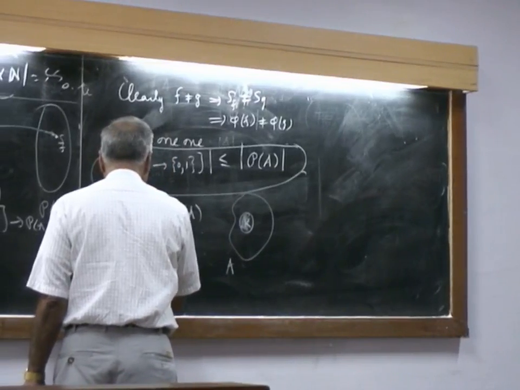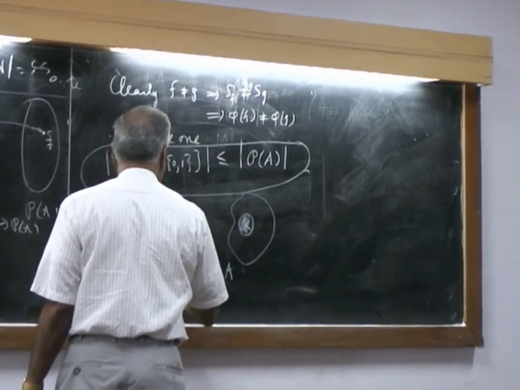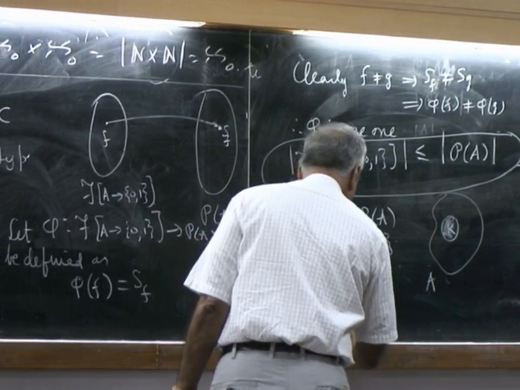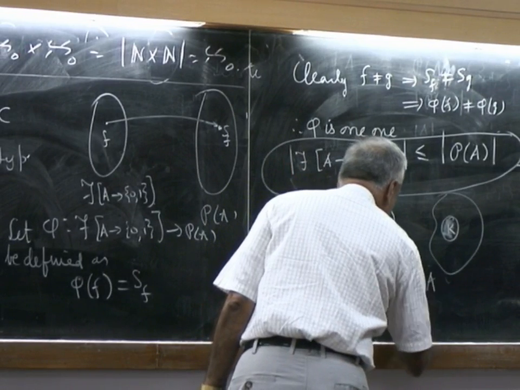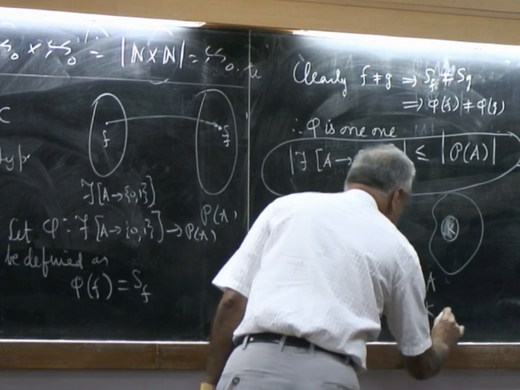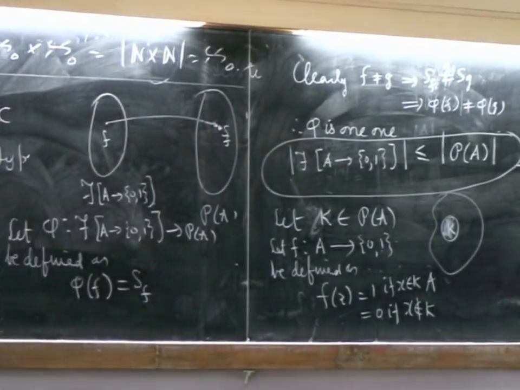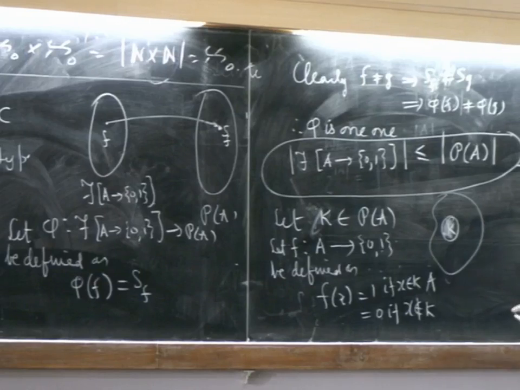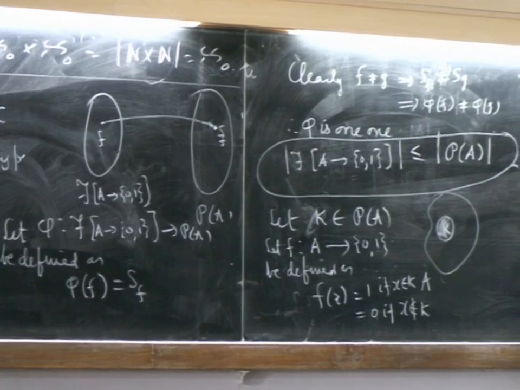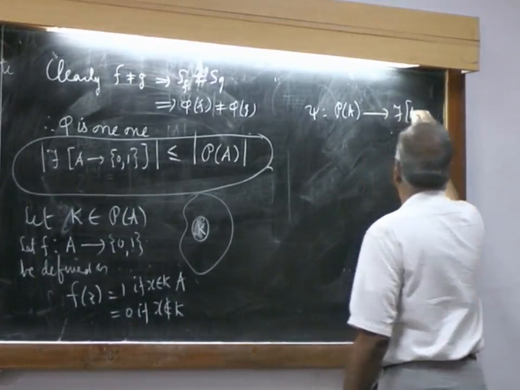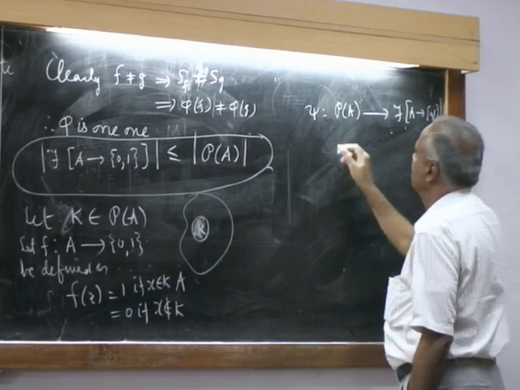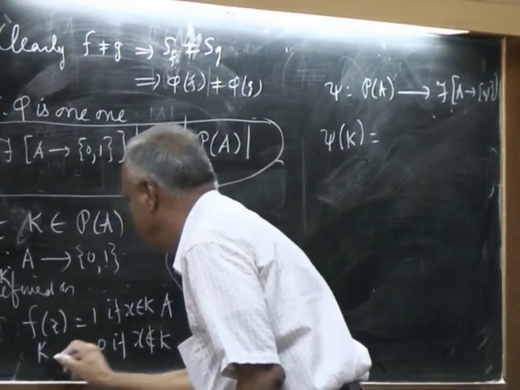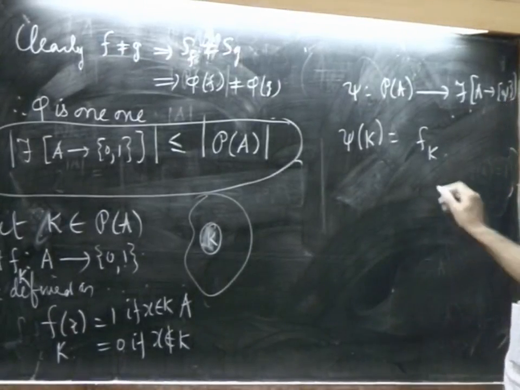So let F map A to {0, 1} be defined as f of x is equal to 1 if x belongs to K, and 0 if x does not belong to K. So we have now constructed a map psi from P(A) to F(A, {0,1}), defined as psi of K equal to F_K, which belongs to that.